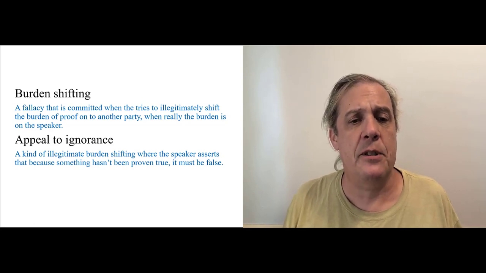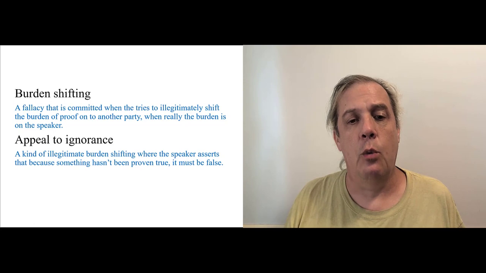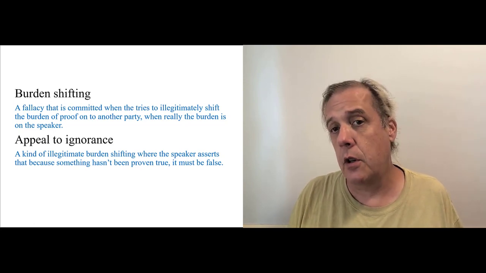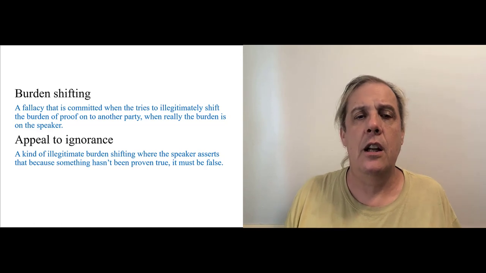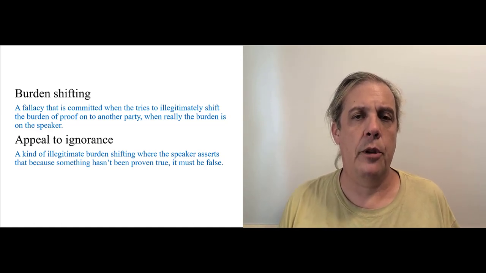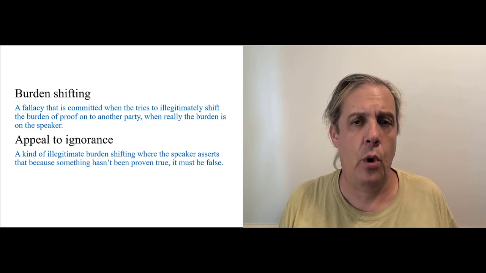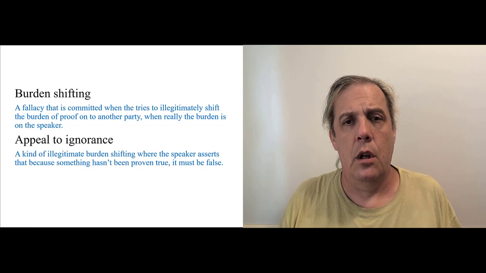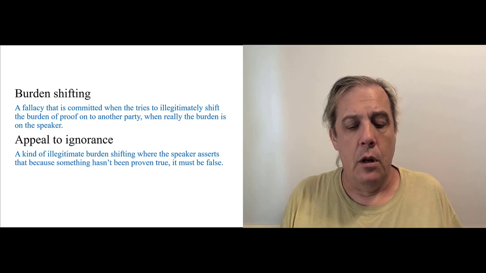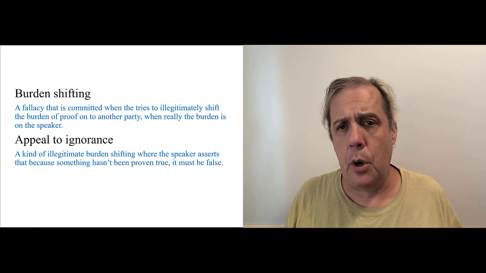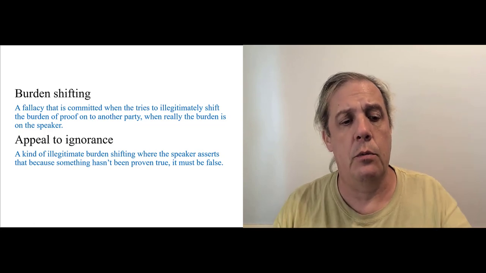Appeal to ignorance is a specific kind of burden shifting where people say, well, it hasn't been proven true, so it must be false. And these definitions are not precise. They're mostly just here to point you to a general warning: don't let people push the burden of proof onto you.